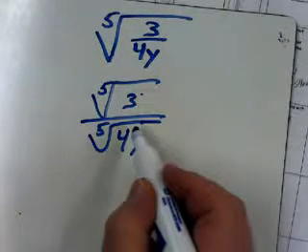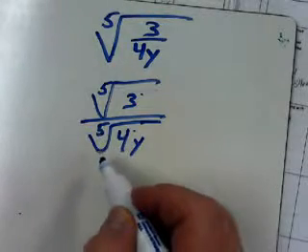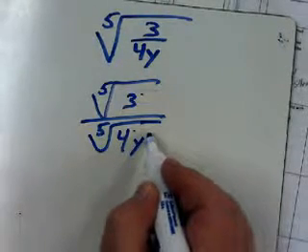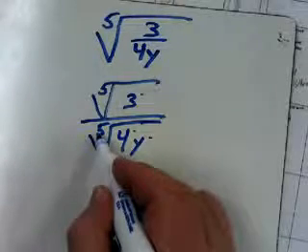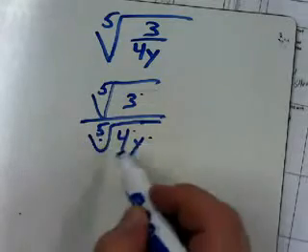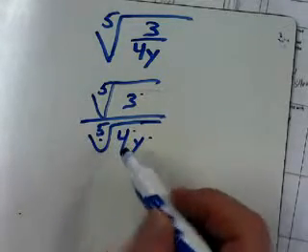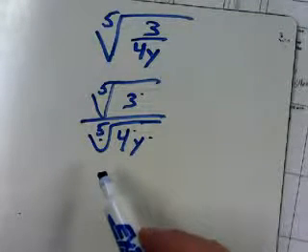Can I take this exponent of 1 and divide it by this index of 5? Nope. Can I take this exponent of 1 and divide it by this exponent of 5? No. But now I have a problem: I've got a radical left in my denominator, don't I? I need to get rid of it.